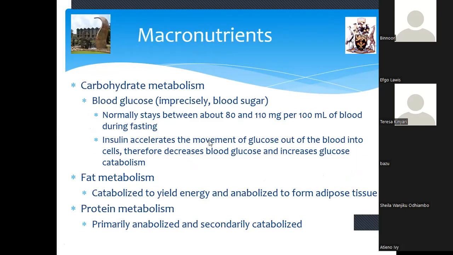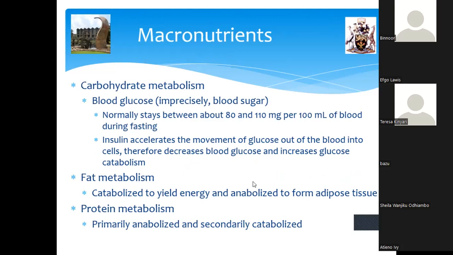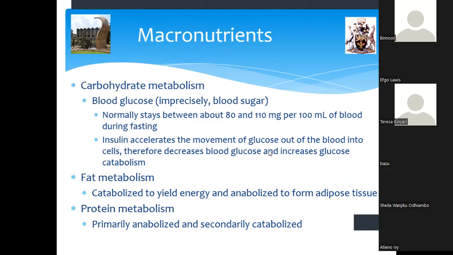Blood glucose is also very important in carbohydrate metabolism, and usually we also call it blood sugar. The normal levels are between 80 to 100 milligrams per ml during fasting. Insulin will usually now facilitate the movement of glucose out of the blood into the cells, and therefore it will decrease the blood glucose and increase glucose catabolism.